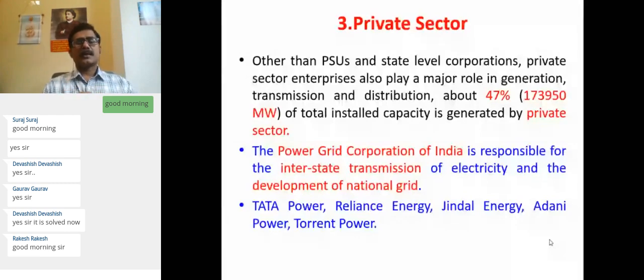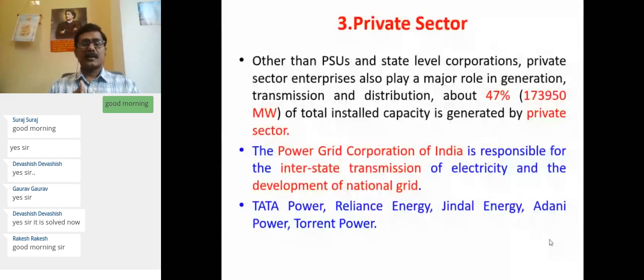And if you see in the last slide, some of the key players in the private sector are mentioned. There may be many more as well. So some of them are highlighted here. Tata Power, very well renowned, the Tata Hydroelectric company, they have their plant near Lonavala, or near Khopoli.